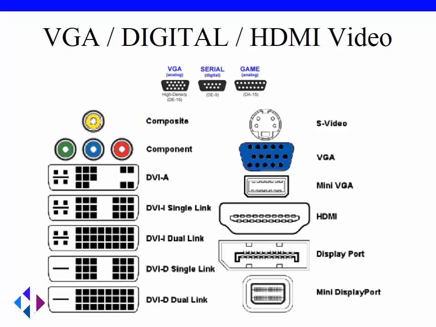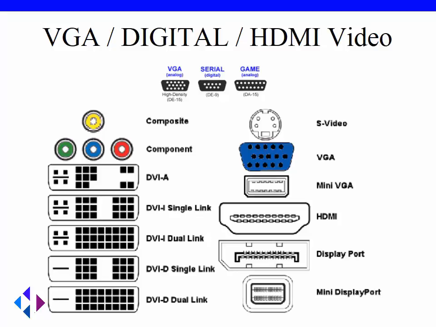When you're talking about monitor connectors on your PC, server, or tablet, you'll be looking at either VGA, digital, or HDMI video. On rare occasions, you'll even see S-video or composite. What you have here is a representation of the different connectors and what they're used for.